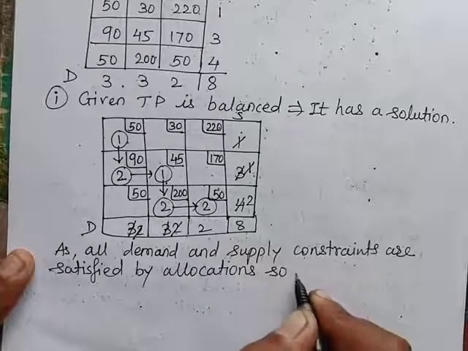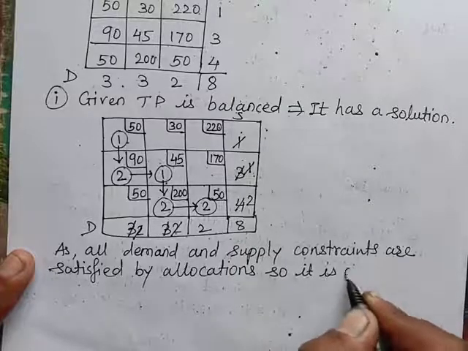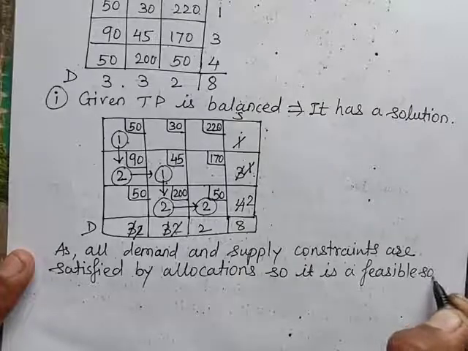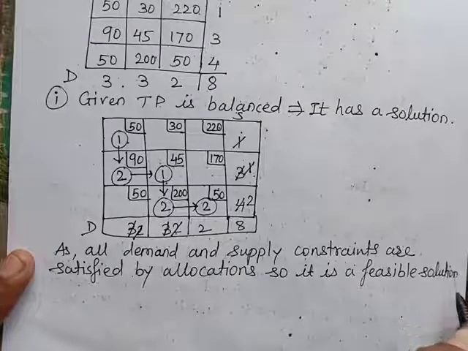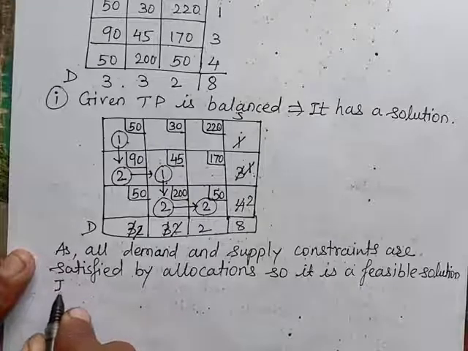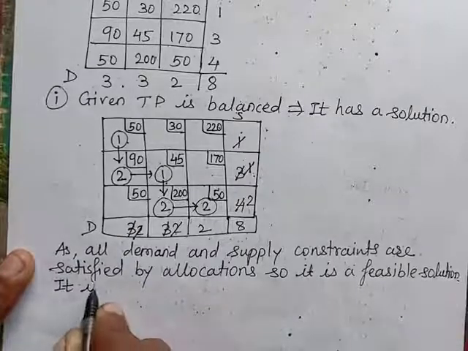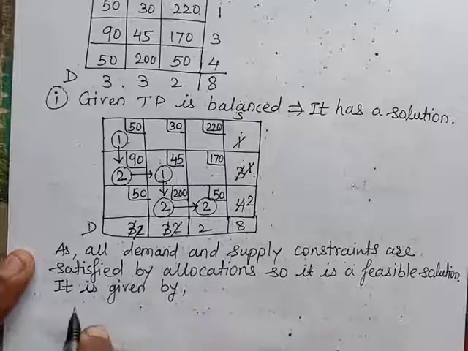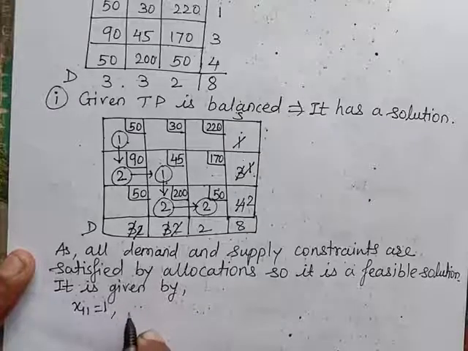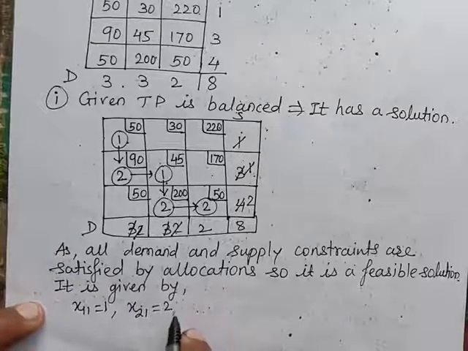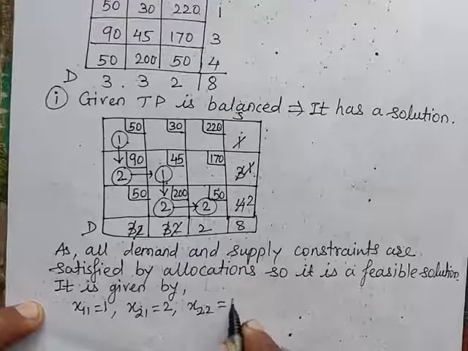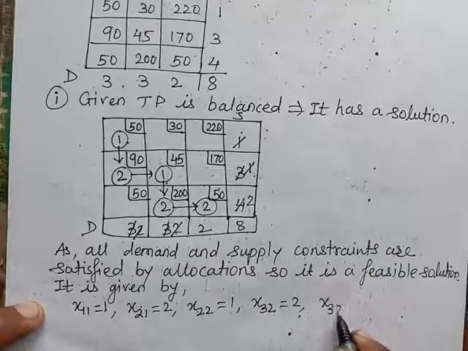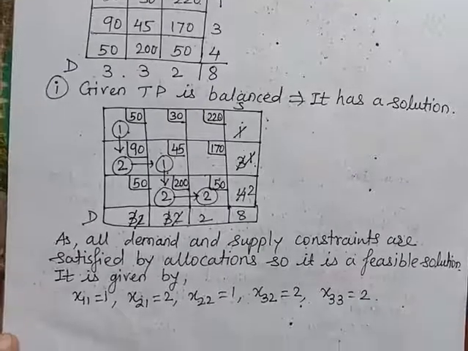So it is a feasible solution. It is given by x11 equal to 1, x21 equal to 2, x22 equal to 1, x32 equal to 2, and x33 equal to 2.